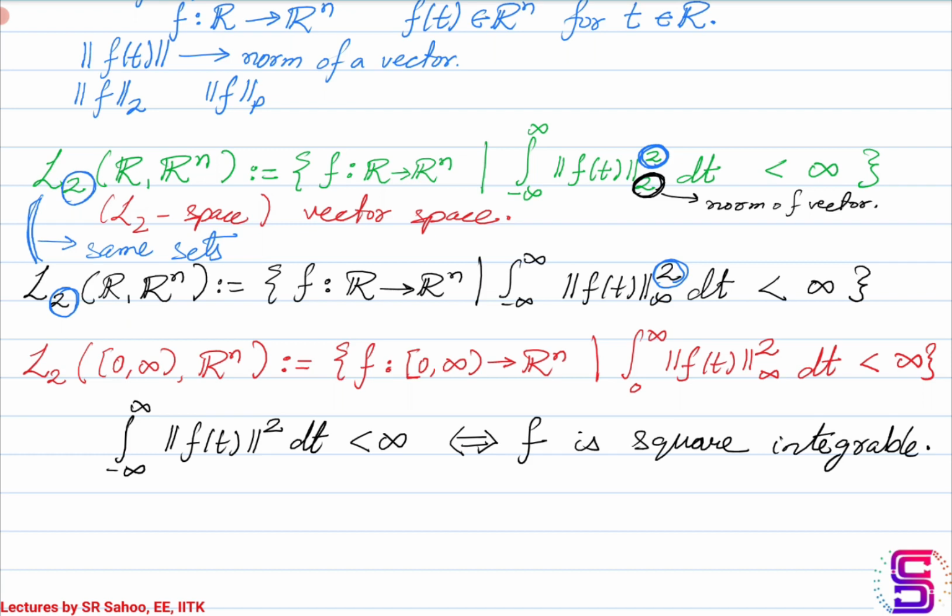So if the function f is square integrable, then it belongs to the L2 space. For a function mapping from R to Rn to belong to L2 space, it has to be square integrable. That is what this is saying.